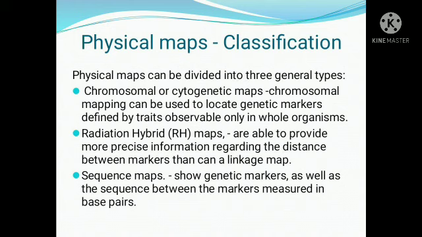The chromosomal or cytogenetic map, the middle map you have seen under the physical map, is used to locate genetic markers, and it is observable in the whole organism, in all chromosomes. Then the radiation hybrid map, or RH map, provides more precise information regarding the distance between the markers, like linkage mapping. A sequence map means the genetic markers as well as the sequence between the markers.